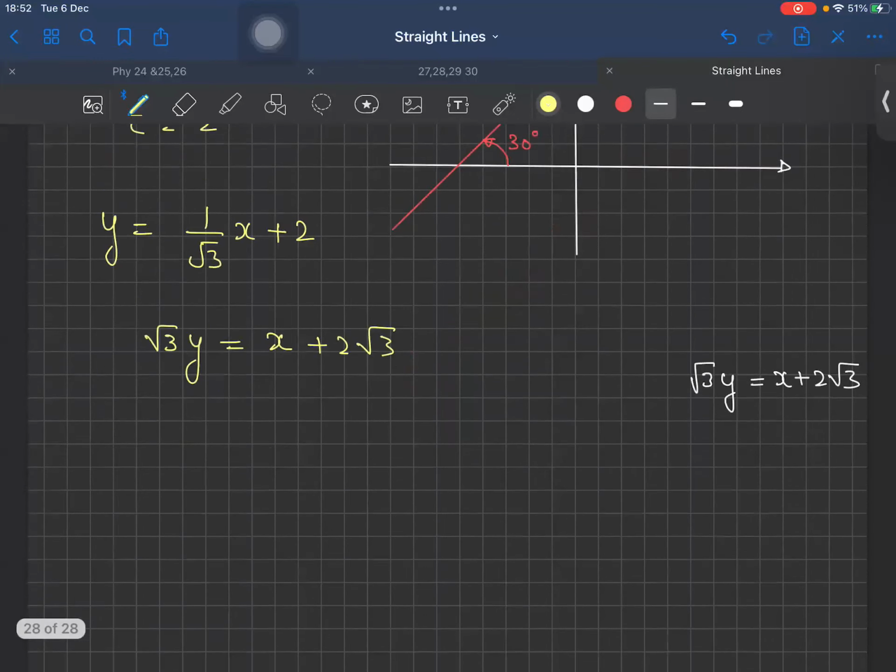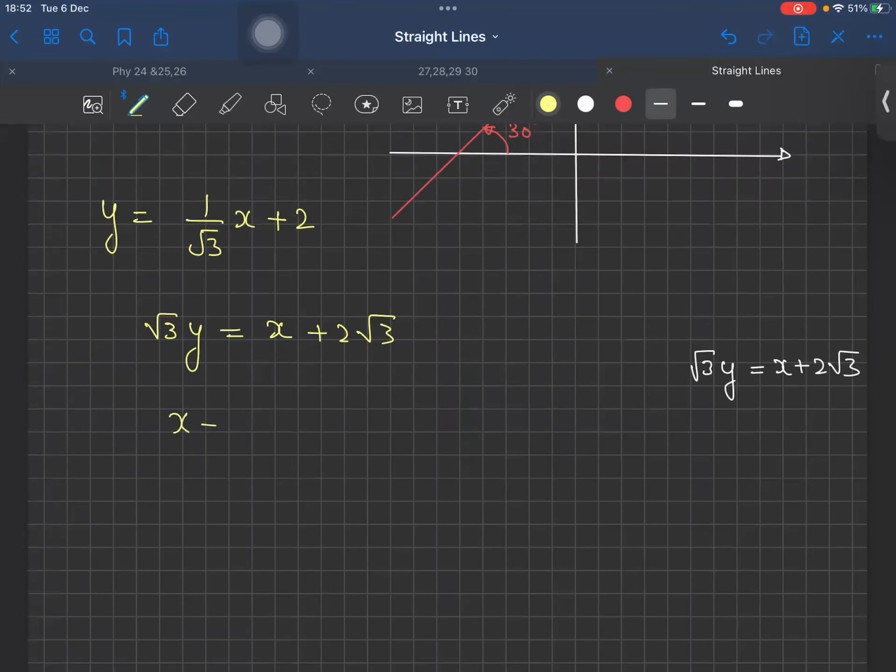That is also the equation of the line. Again, you can write x minus root 3y plus 2 root 3 is equal to 0. This is again your equation of the line. All are correct, okay? Yes or no? Okay, so that will be all.